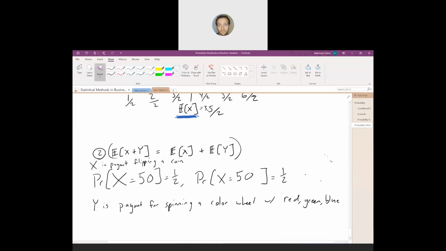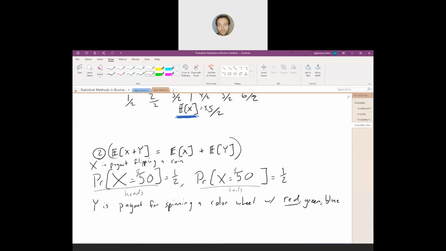So let's say I spin and it lands on red. What should the payout be for that? Yeah, if you land on red.